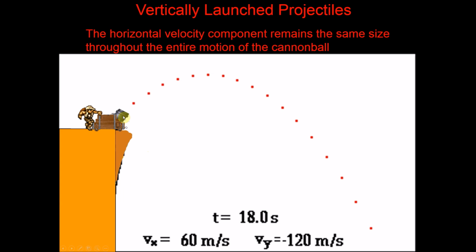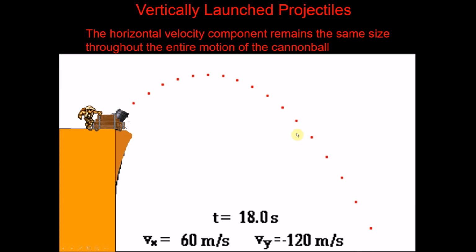In the y direction, however, its velocity initially is 60 meters per second as per the x direction, but due to gravity, the y velocity will eventually reach 0. As the cannonball travels upwards, its velocity will diminish as negative 9.8 meters per second squared acts on the cannonball, taking it to a turning point, a 0, and then it will fall down.